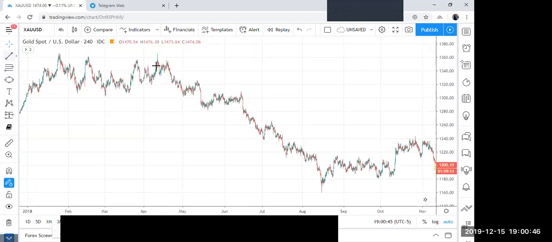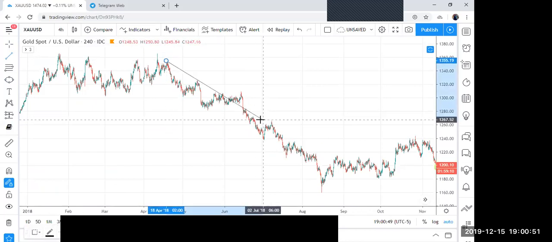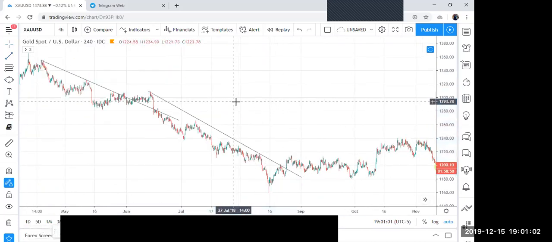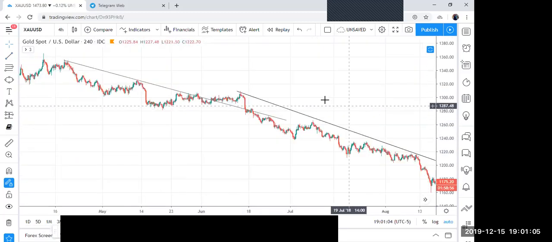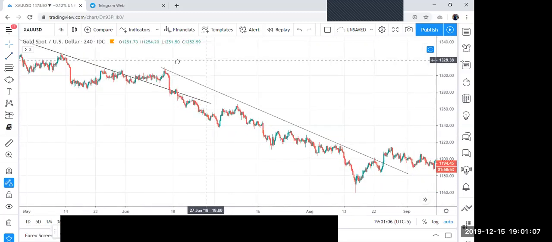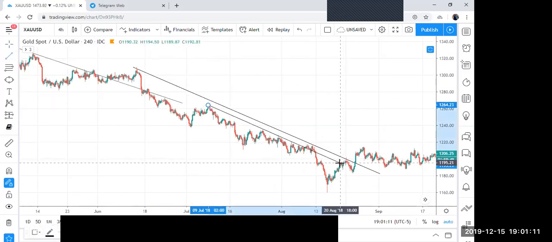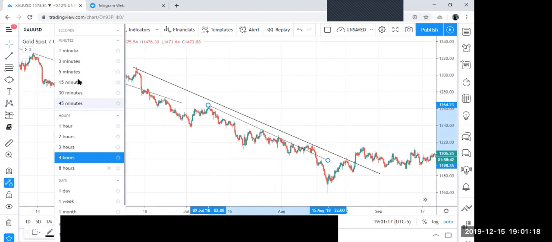Don't let greed take over you. Any time frame this works on, guys.